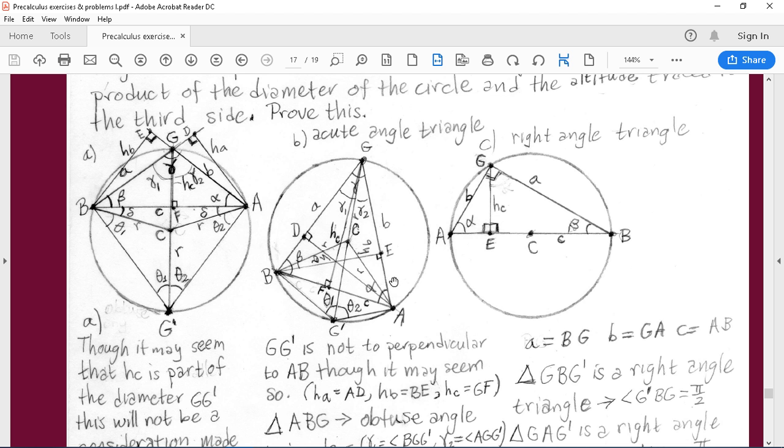The height or altitude for triangles GBE and BEA is segment BE, which will be labeled as H sub B or HB.